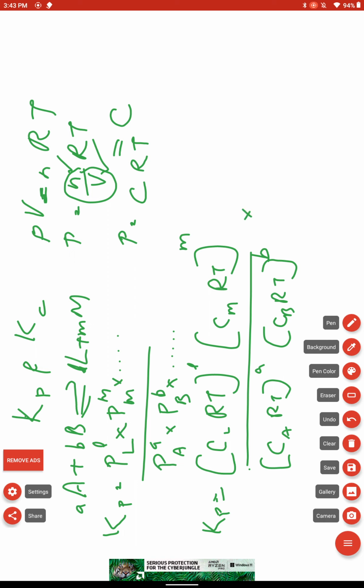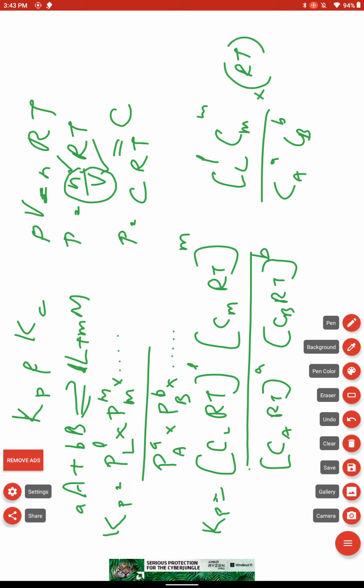That can be multiplied with respect to, അങ്ങനെ എഴുതാം, നമുക്ക് അങ്ങനെ ഒന്ന് എഴുതാം. That is we can write as CL CM divided by CA CB into RT raised to L plus M plus etc. അങ്ങനെ പോവും, divided by RT raised to A plus B plus extra അങ്ങനെ പോവും.